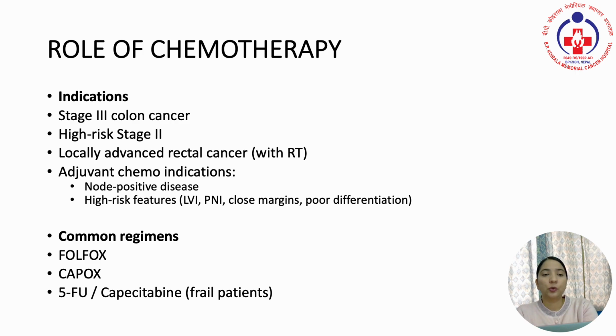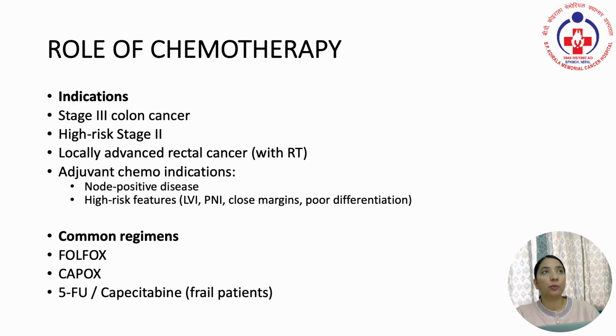And the role of chemotherapy. Usually in colorectal carcinoma, the indications are stage 3 colon cancer, high-risk stage 2 cancer, like the poorly differentiated carcinoma, and locally advanced rectal carcinoma, and usually with chemotherapy, radiation therapy is also given. There are various trials which suggest the use of both chemoradiation therapy for the neoadjuvant treatment.